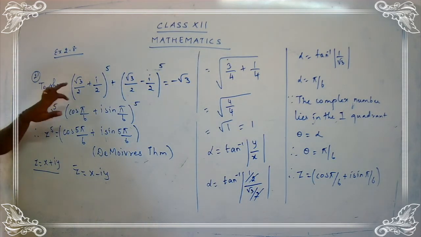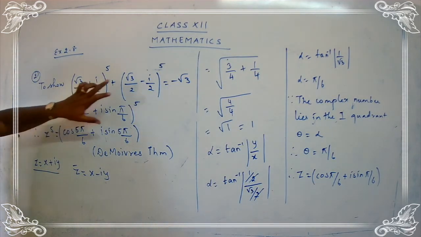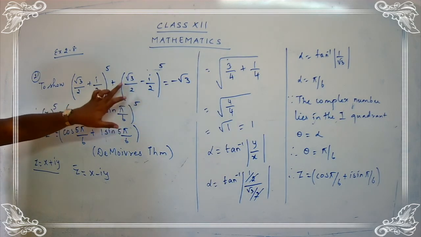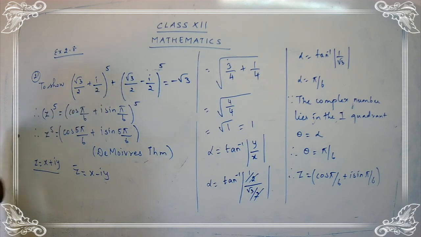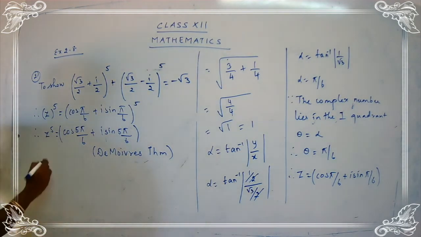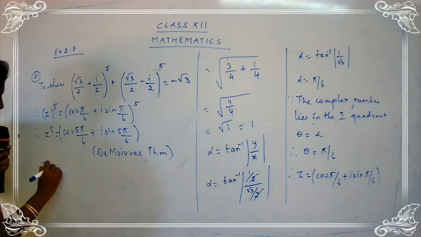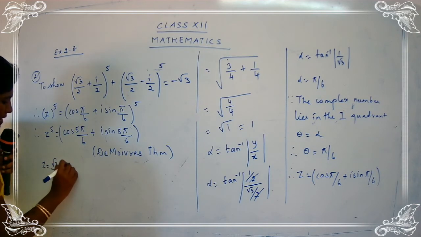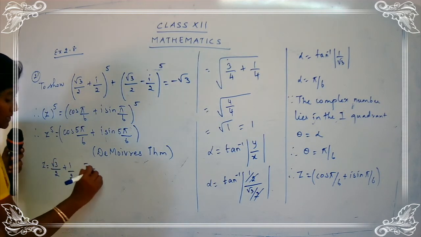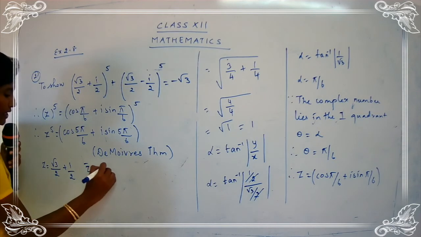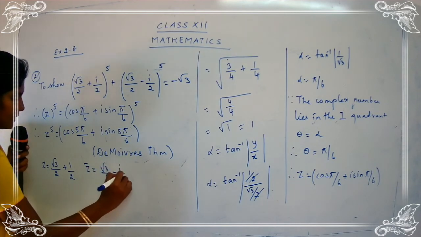So here just see, everything is the same, only the sign is different. So we can consider this as z bar. What is this part? Z bar. So just take down the statement over here. Z is equal to root 3 by 2 plus i by 2. So z bar is what? Root 3 by 2 minus i by 2.